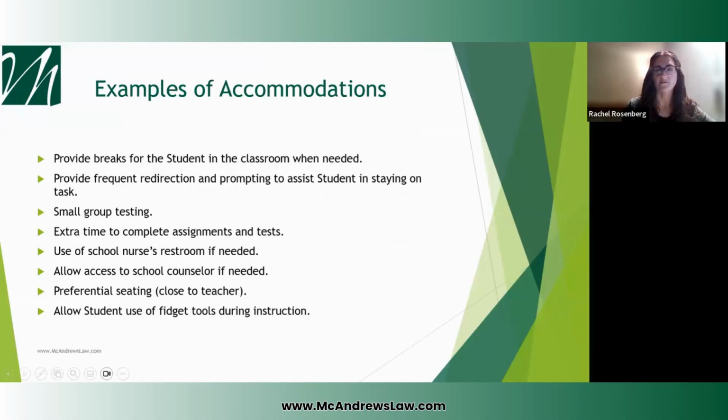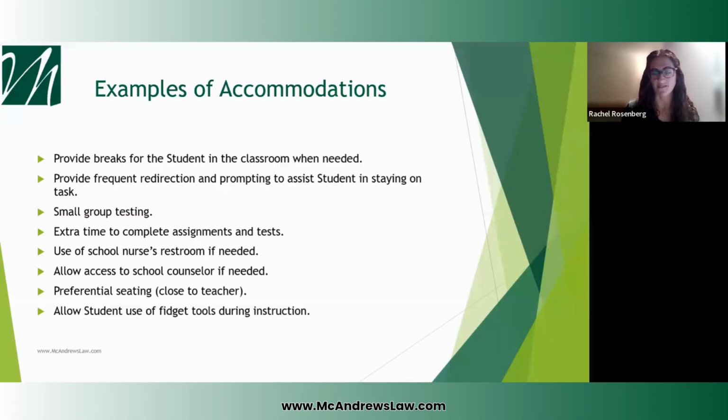So some examples of accommodations that could be provided to a student who needs a 504 plan, but not an IEP. And of course, these accommodations may also be for students with IEPs. Some examples of those types of accommodations include providing breaks for a student in the classroom when needed, providing frequent redirection and prompting to assist the student in staying on task. It could include small group testing.